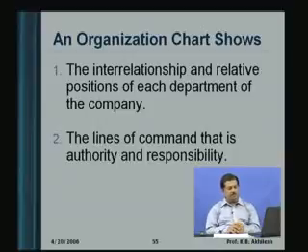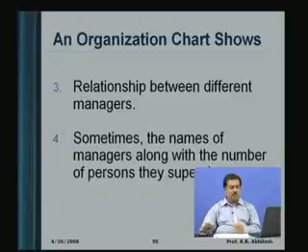So the lines of command also indicate the authority and the responsibilities. So the relationship between different managers, whether they are at the same level or at different levels. Similarly, departments at the same level or at different levels can also be viewed by seeing this organizational chart.